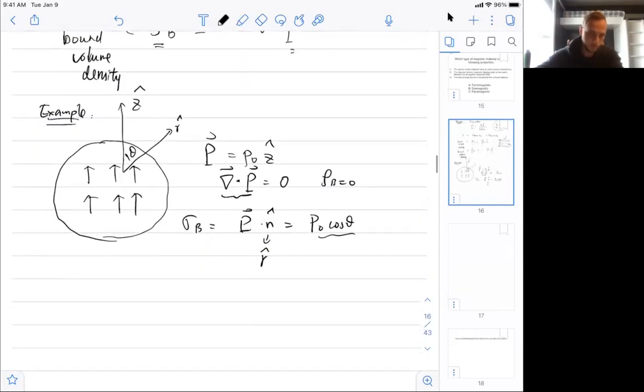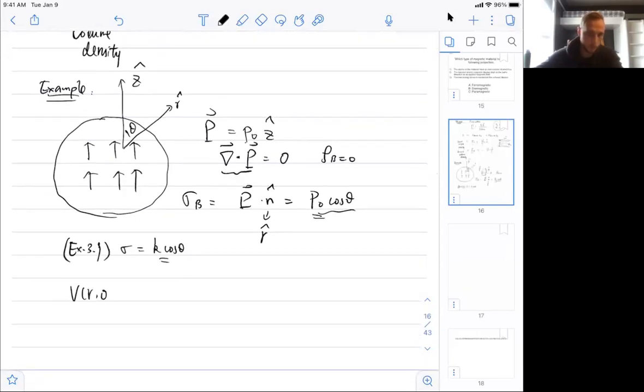We borrow the example from Griffiths example 3.9. There we already found out what the potential is due to this kind of charge distribution, and they're exactly the same. So we went ahead and wrote out our potential for inside and outside the sphere. Inside first: V inside is P naught over 3 epsilon naught times z.